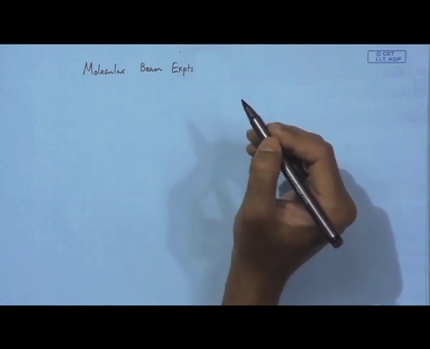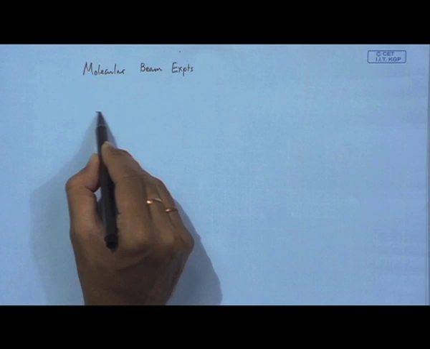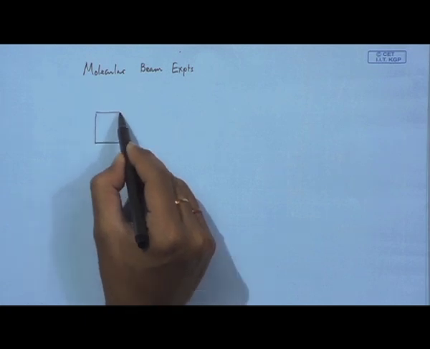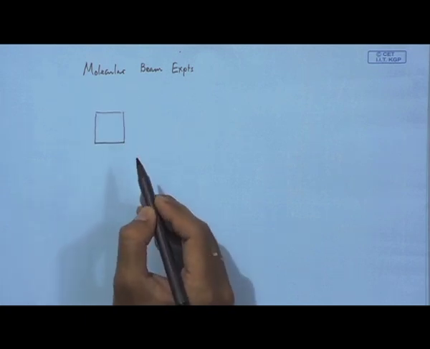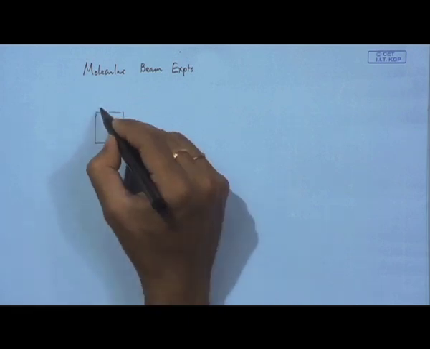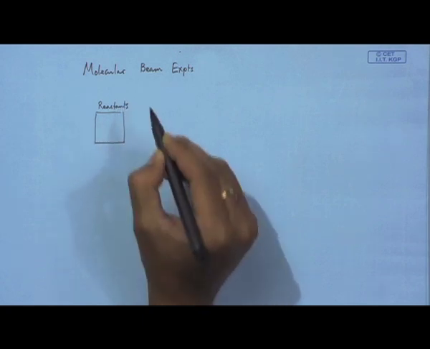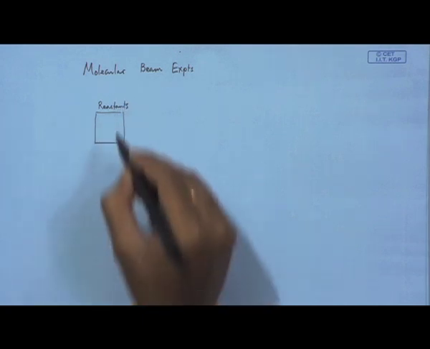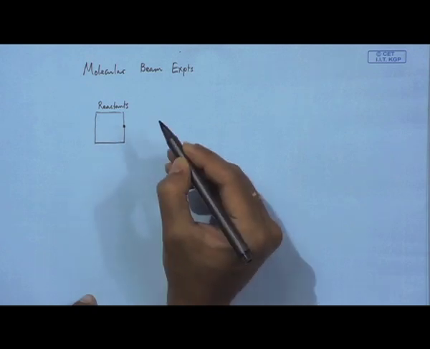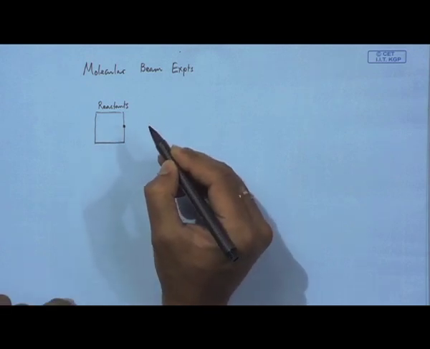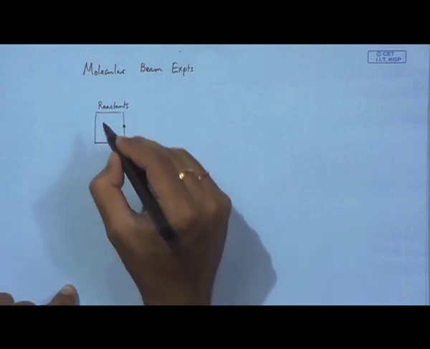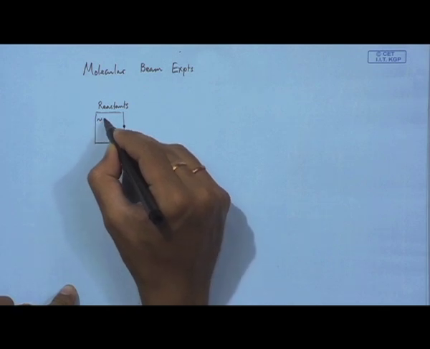What is that? There you have a container in which your gaseous reactants are there, and there is a small orifice. Its pressure may be of the order of several torr, maybe of the order of 10 torr.